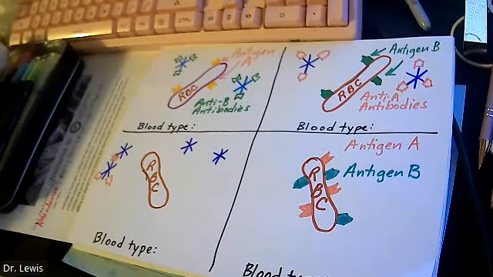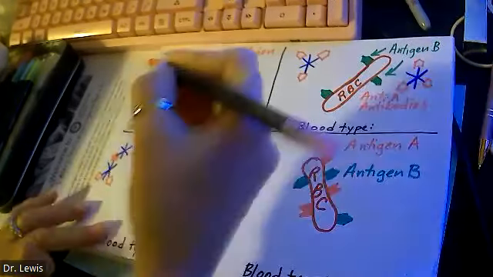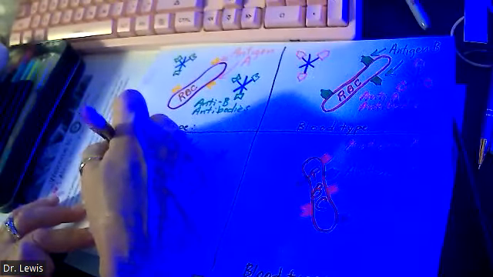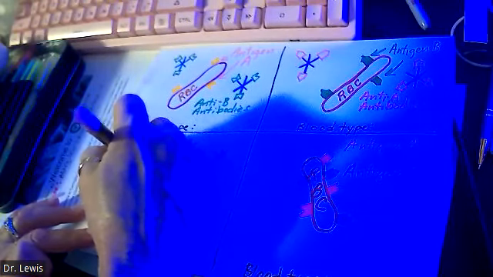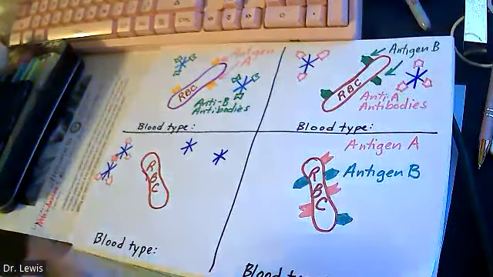We were putting anti-A antibodies here. Got one done. Here's another anti-A antibody. Okay.